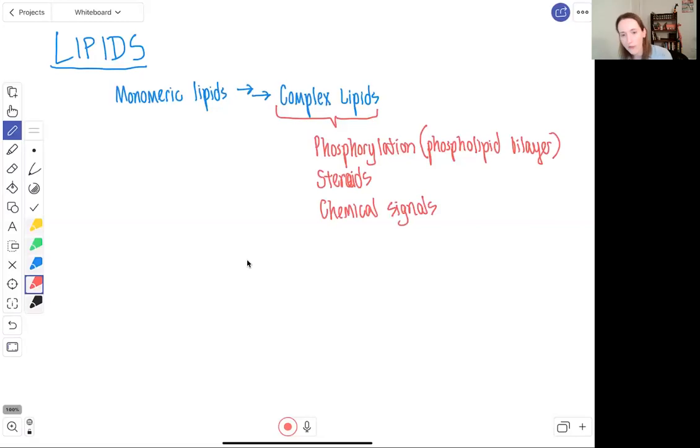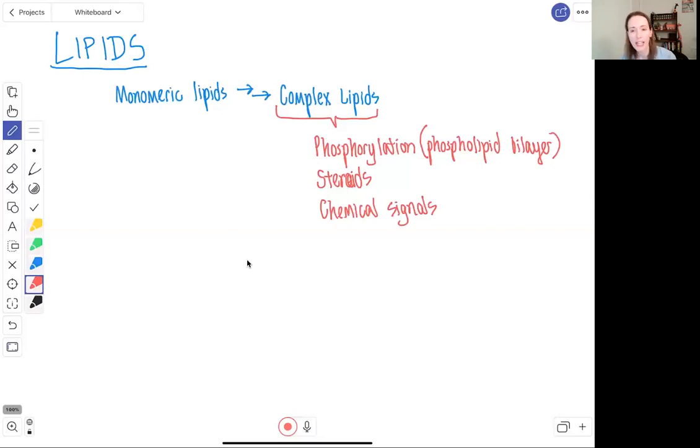And what happens in forming a chemical signal is that the monomeric simple lipids are condensed together to form longer chains that cyclize or form unique structures or have unique enzyme catalyzed modifications occur to create really specific, highly tailored molecules that travel about the body to send a signal from one portion of the body to another to indicate some sort of change needs to take place in the body.